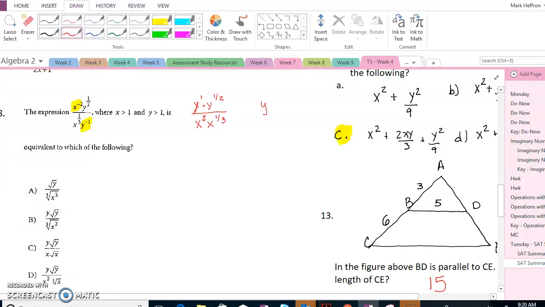This is really 1 and 1/2 is 3/2, and 2 and 1/3, well, that's like 6/3, plus one more is 7/3. So we have y to the 3/2 over x to the 7/3.